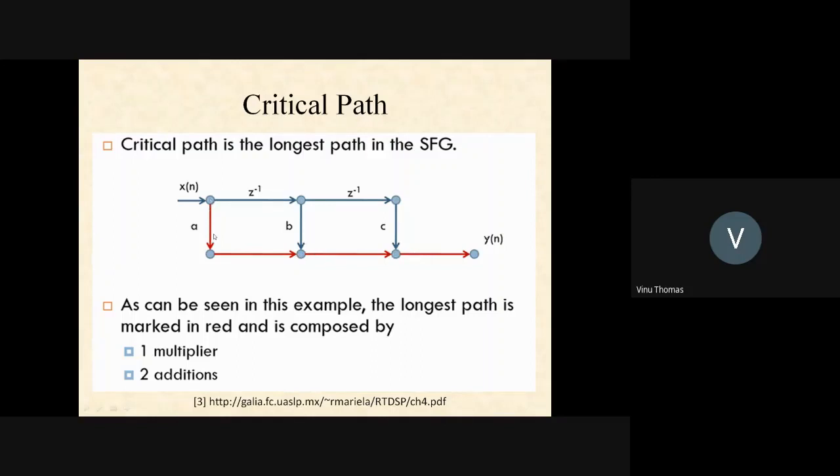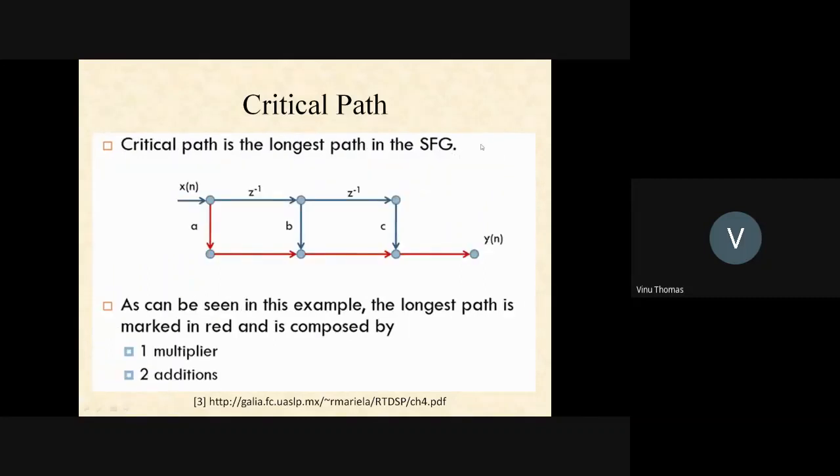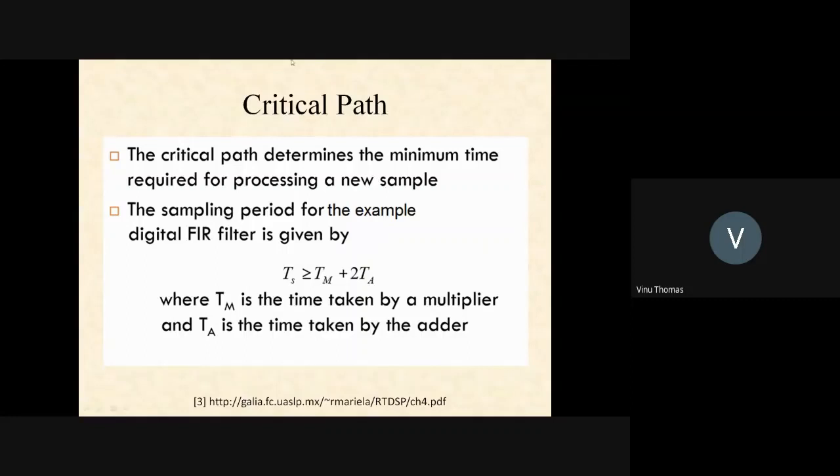So what is the minimum time delay to complete this? The time delay to complete this operation will correspond to the time required for doing this multiplication and the time required for doing these two additions. Is that understood? So the critical path, which is the longest path in the signal flow graph, by which we mean the path that includes the maximum number of arithmetic units, indicates the minimum time required for processing a new sample.